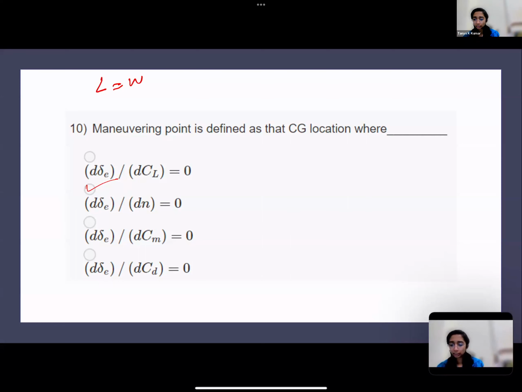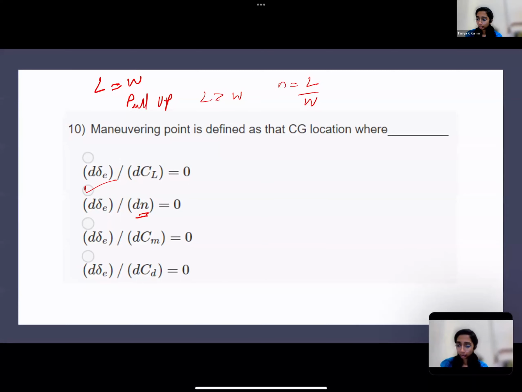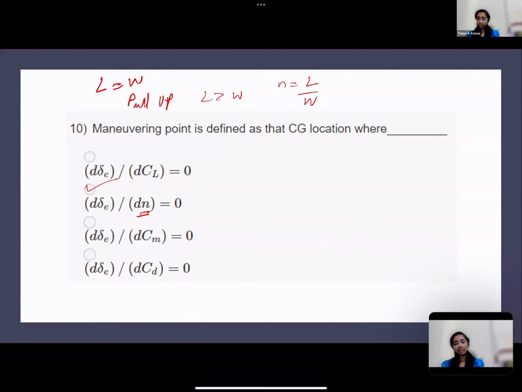No. How will it change? For a pull-up maneuver, will the lift be equal to weight, greater than weight, or less than weight? Lift is greater than weight. So for pull-up or any maneuver, lift is greater than weight. So then we define something known as a load factor. Remember, n is load factor. So n is the load factor, delta E is the elevator deflection.